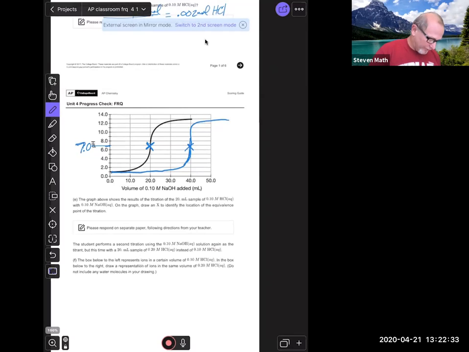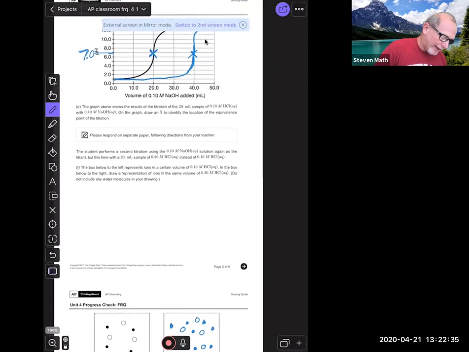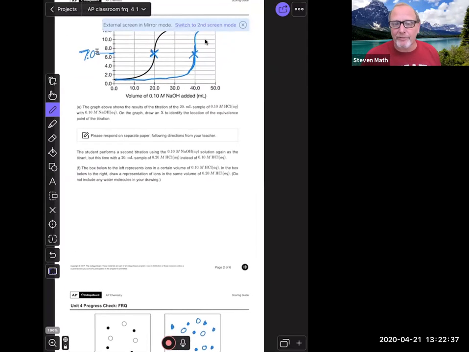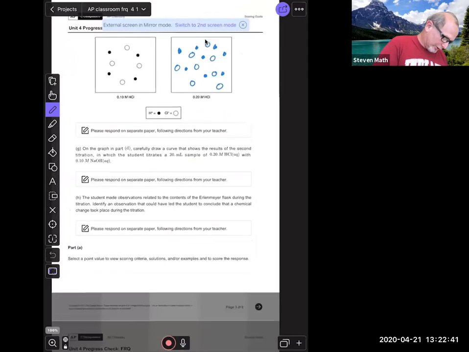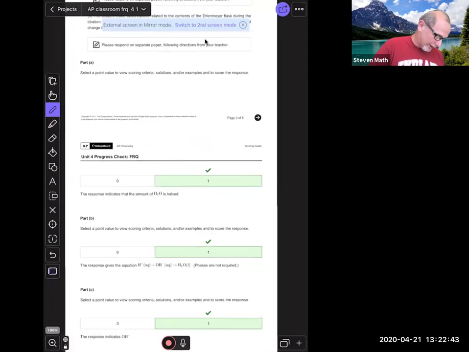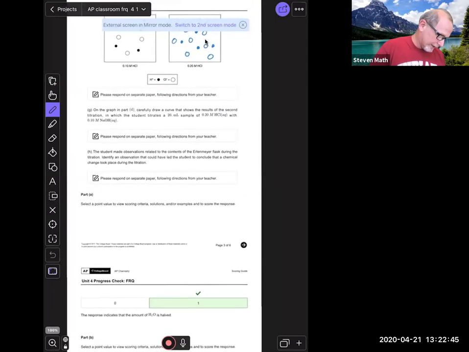How come double the volume? Because they doubled the HCl, so it's going to take me double the volume of the NaOH to get there. That's a really good question. Not going to be on your exam, but I do still really like that.